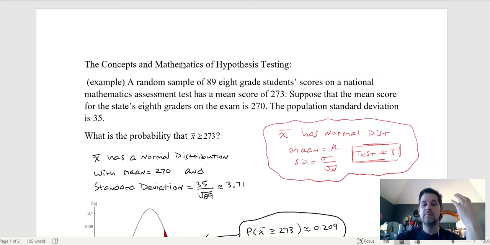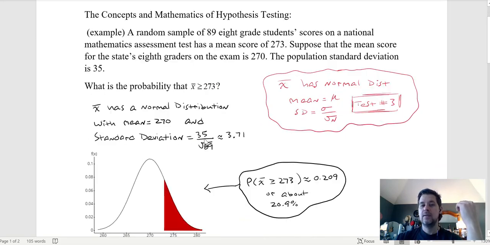So I wanted to make a video to explain what's happening the best I can when you conduct a hypothesis test. And then when you're working the problems in the assignment or when you're watching the next video, you can think as you're going through the steps that what I show you in this video is what's happening behind the scenes, okay? So I'll call this one the concepts and the math of hypothesis testing.